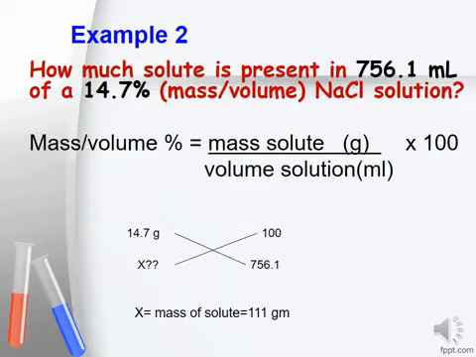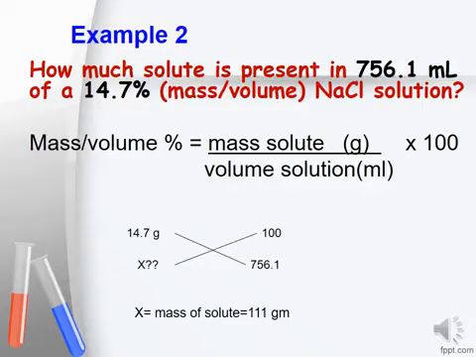Next, how much solute is present? The question asks for the amount of solute present in 756.1 milliliter of total solution at 14.7%, and this percentage is mass per volume.